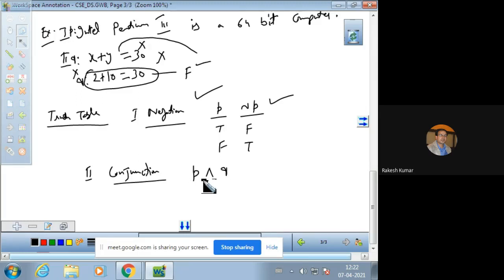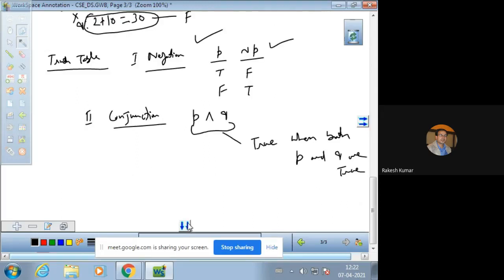And the conjunction of these two prepositions will be true when both P and Q are true. So it will give us a true value when both are true, otherwise false. This is the meaning of a conjunction.